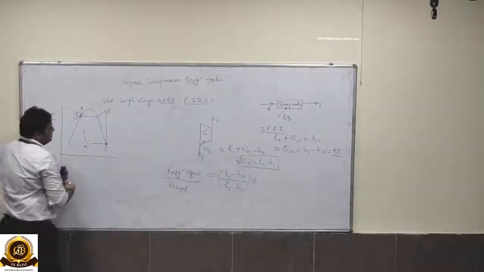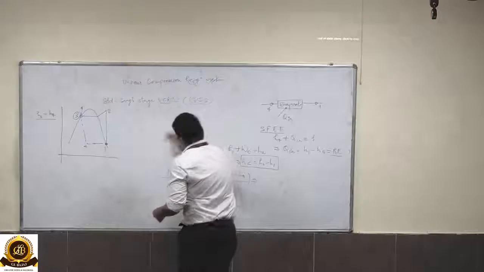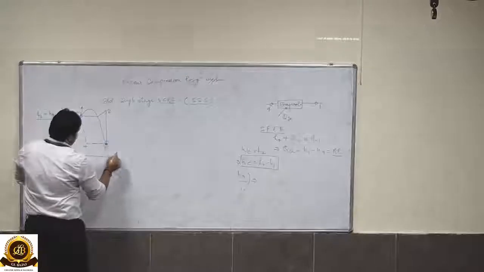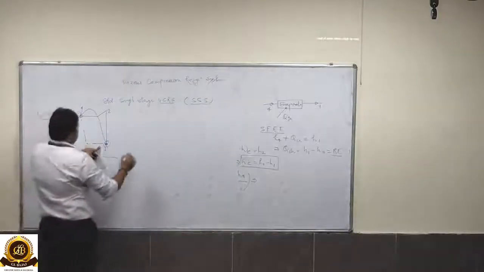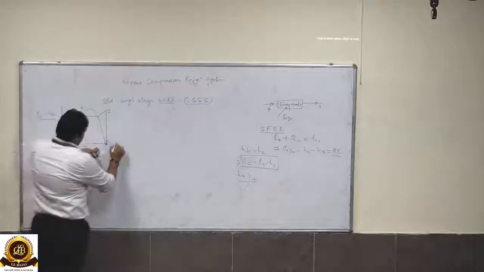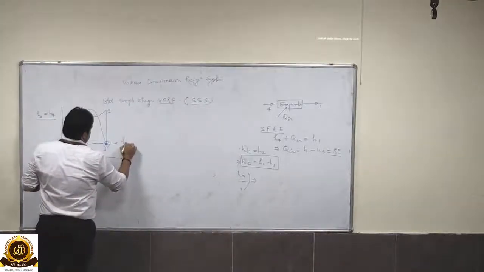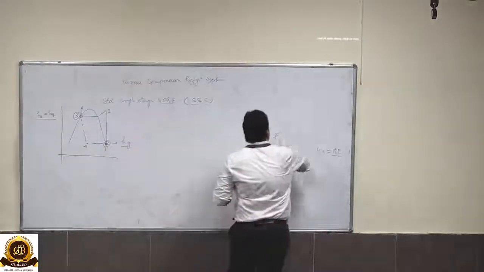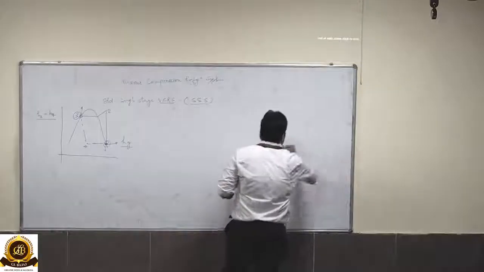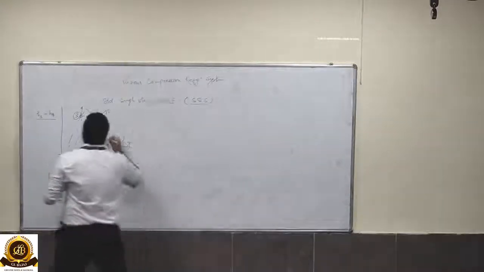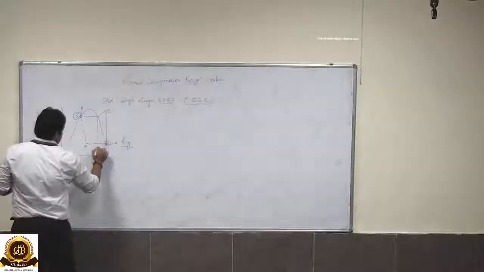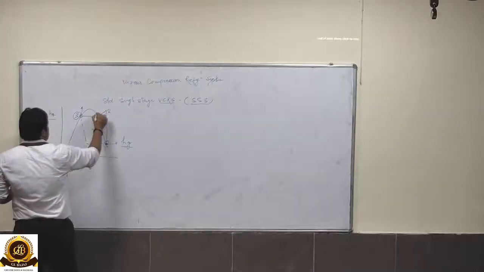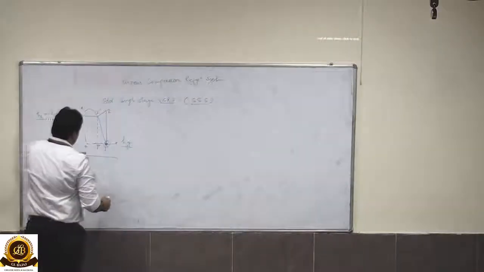For solving this, if the point lies on the dry saturated line, the enthalpy is represented by Hg. If our point lies in the two phase region, represented by 1 dash, 2 dash, 3 and 4, how will we calculate it?